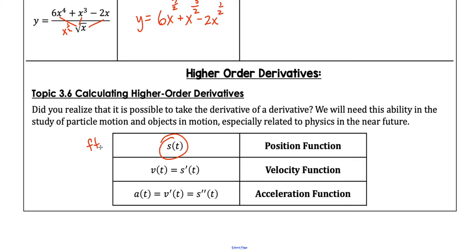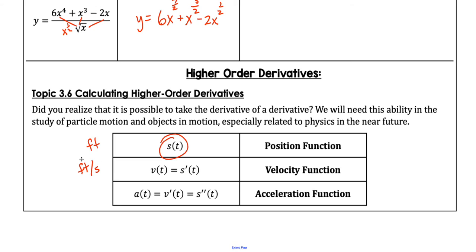It represents the rate of change, like how fast something's changing. So if I take the derivative of feet, I'm going to get feet per time unit, probably seconds. Could be minutes, whatever. But if I take the derivative of position, I get velocity.